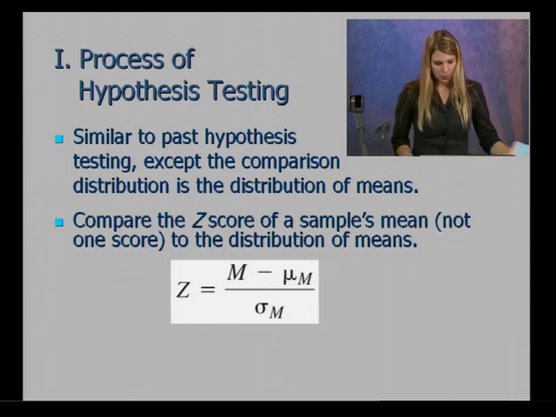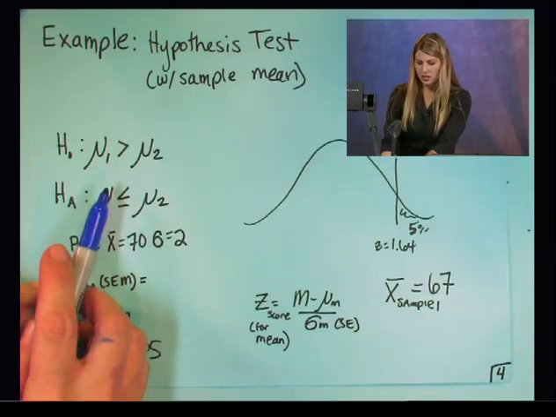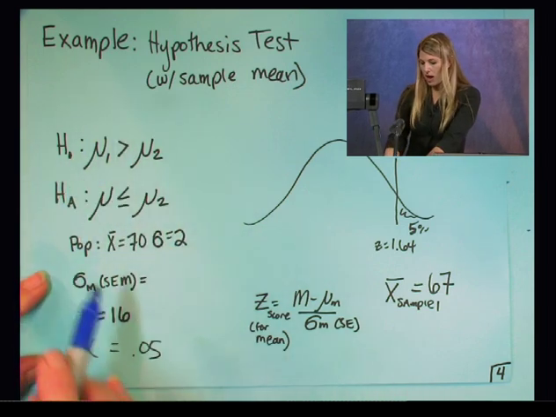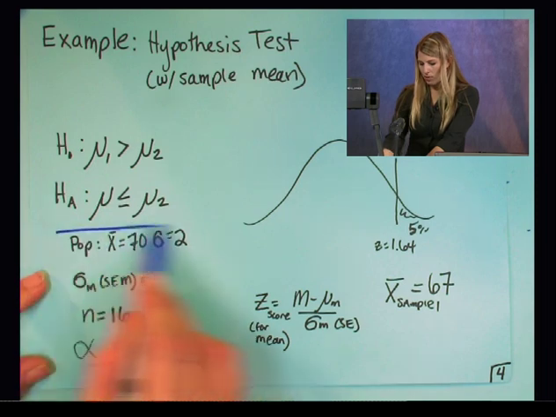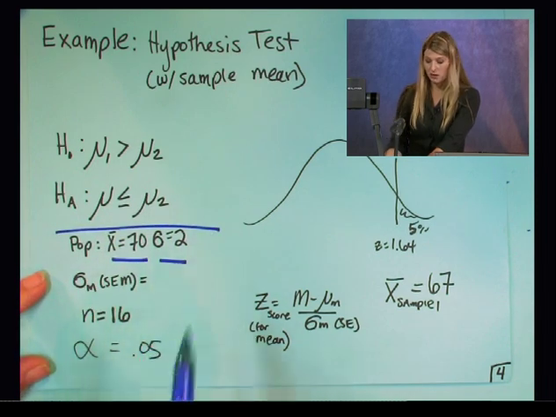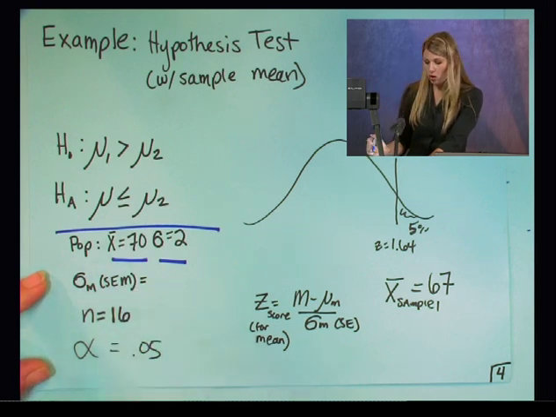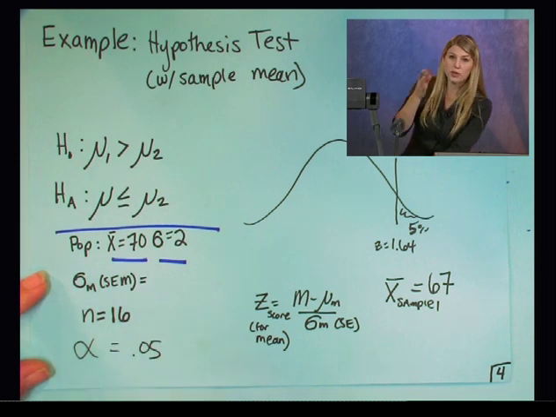So I have an example. Let's go back to our example from last week. This was the hypothesis that we had come up with for my son's video game experiment. Remember, the population had a mean of 70 and a standard deviation of 2. We need to calculate the standard error of the mean. The way you do that is from a few slides ago.